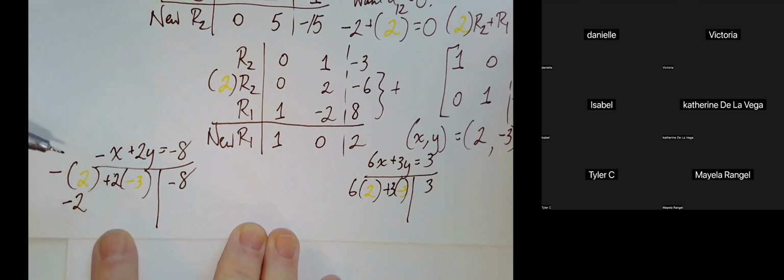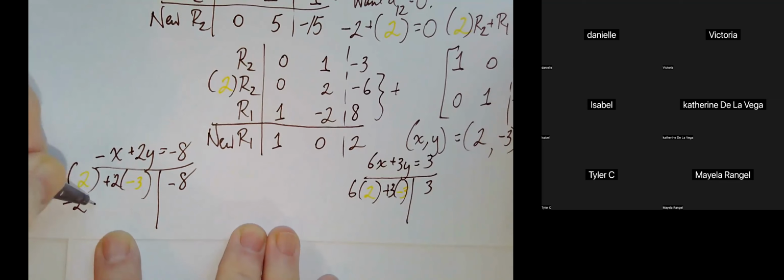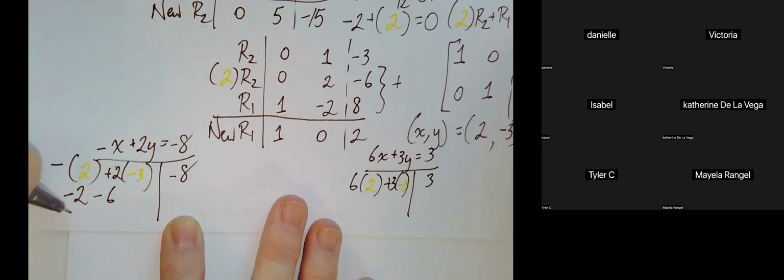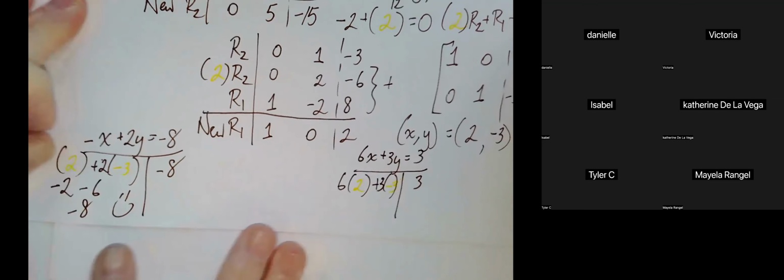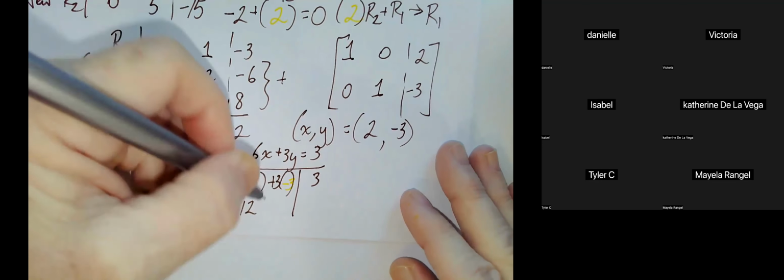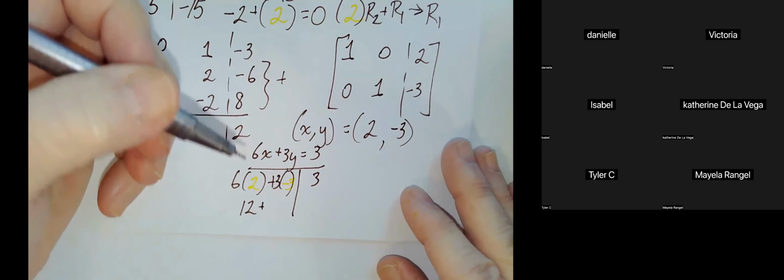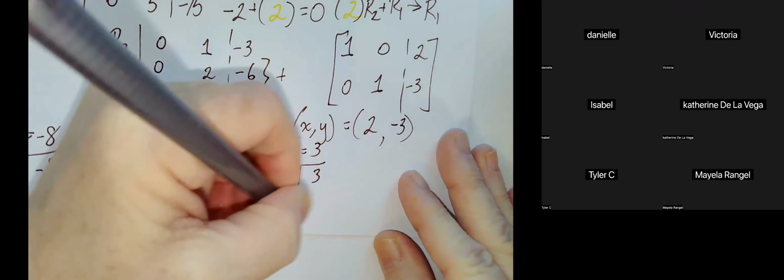And what is 2 times 3? -6. Excellent. And -2 minus -8. And the 6 times 2 is 12, and 3 times -3 is -9. Marvelous. 12 minus 9 is 3. Yay.